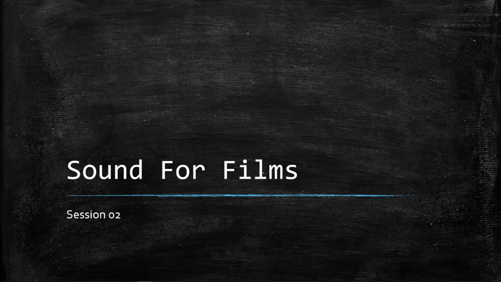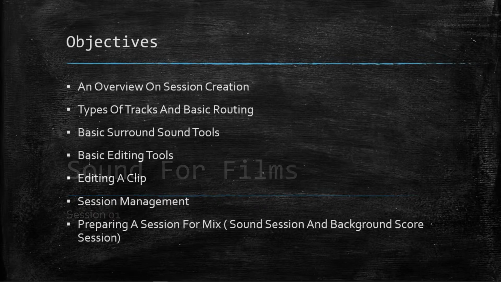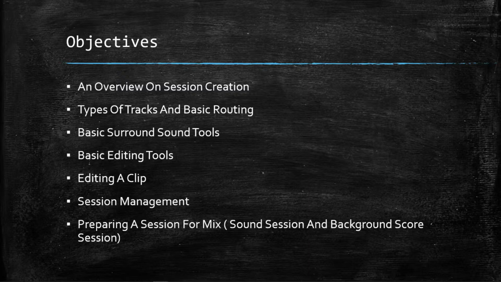So today, as you can see, we are on the second session, and today we'll be talking about creating an overview on session creation. We'll talk about what things you should keep in mind while creating a session, then the types of tracks and basic routing.